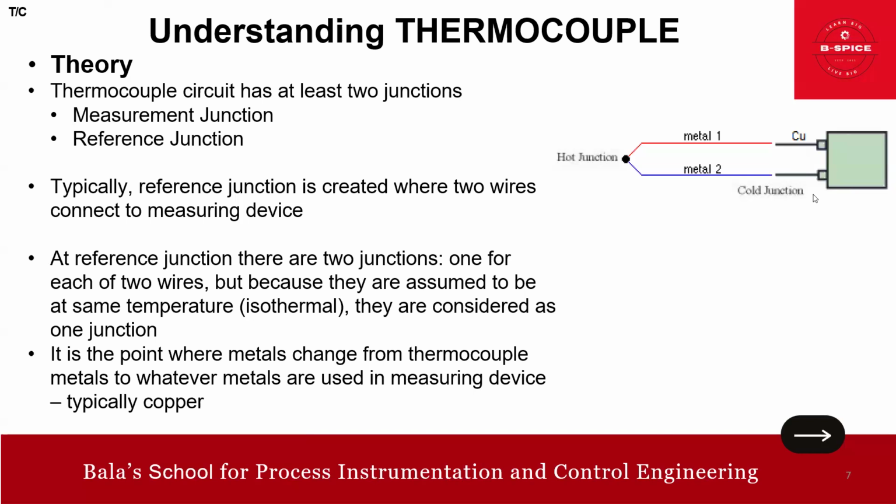Just remember, I hope you are getting it. At the hot junction, you have this thermocouple metal. This metal is not all the way going to here. So there is a metal change from thermocouple metal to whatever metal is used in the measuring device. You got it? So this is where typically copper comes into place.